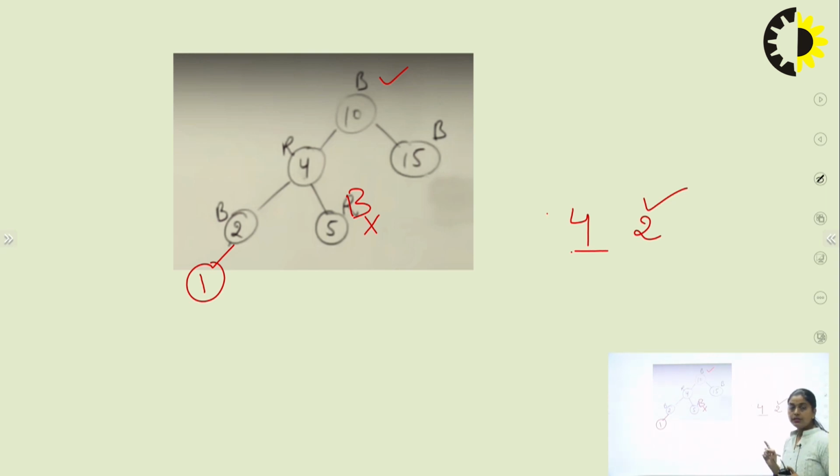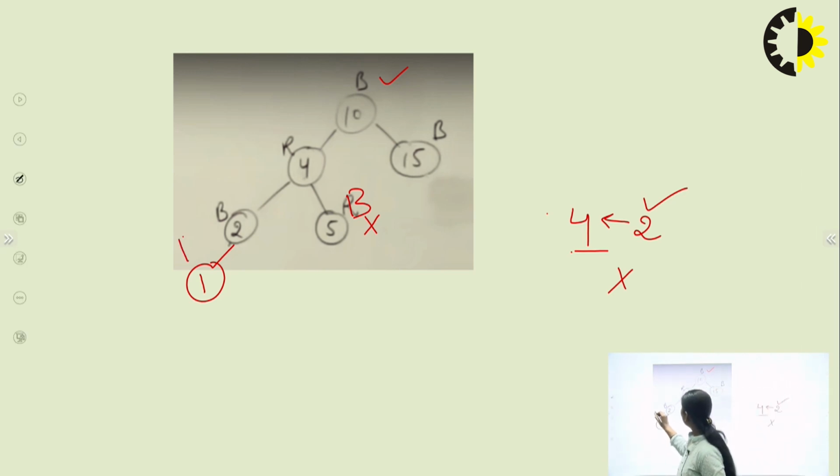But this is the rule: the relation of maximum and minimum path must not exceed twice. As we see, the minimum path is 2 and the maximum is twice the minimum, which is 4, but exceeding this is not acceptable. Suppose the color of this node is 1.